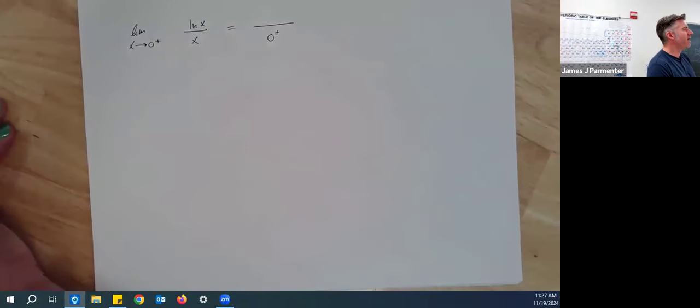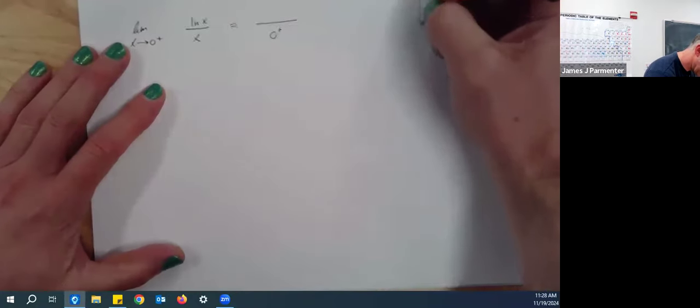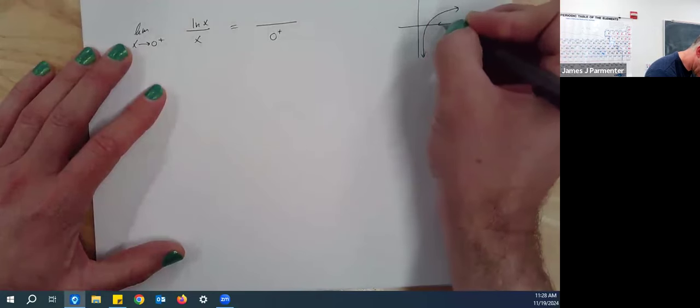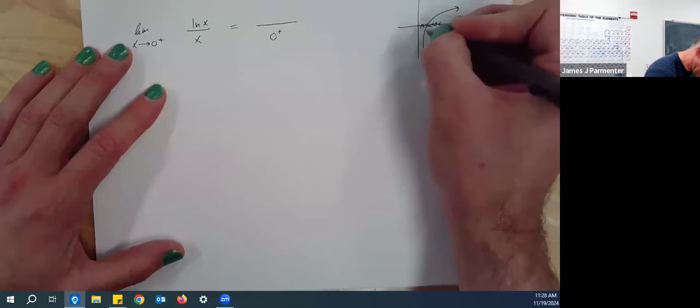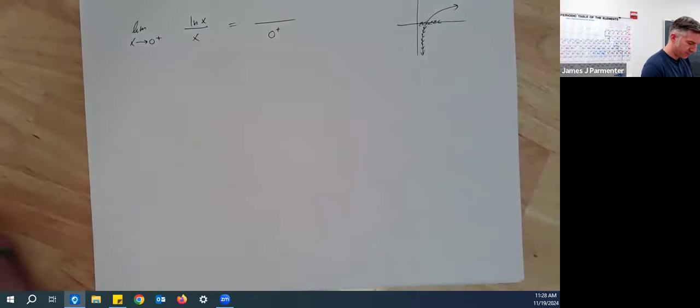And natural log of x, as x approaches 0 from the right, what is the natural log function doing? This is where it's really good to have a graph of it in your mind. The natural log of x is doing this. You have a vertical asymptote there. So as the x gets closer and closer to 0, the natural log of x goes towards negative infinity.